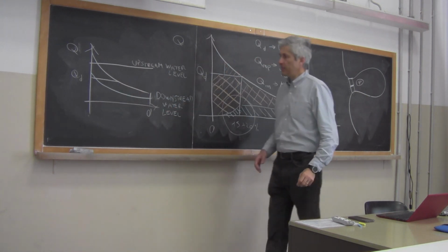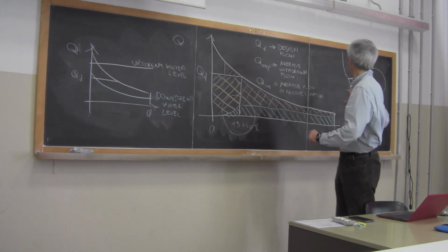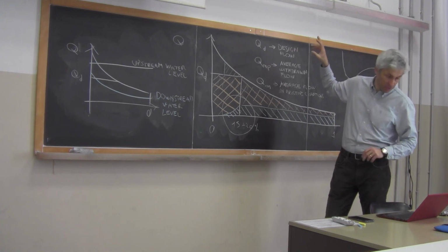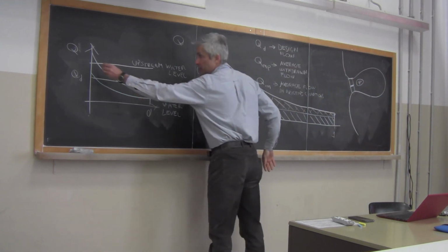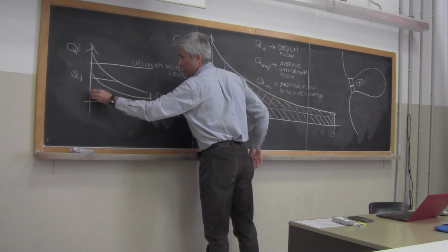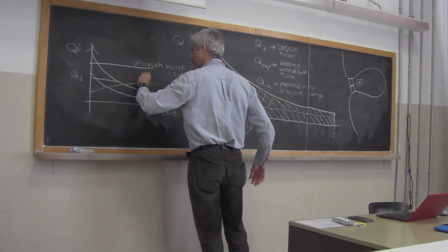Okay, and then we can print the head H that was highlighted in the previous formula, that is the difference between upstream and downstream water level. So it's something like this. This is the head.